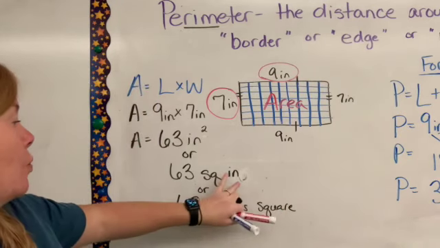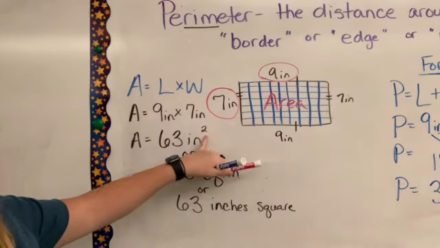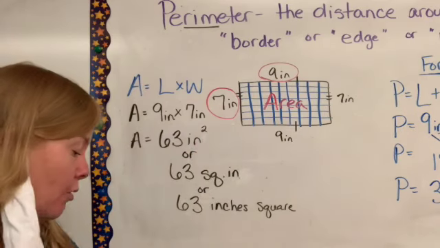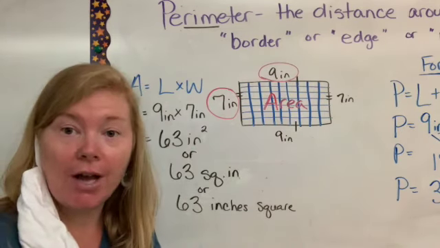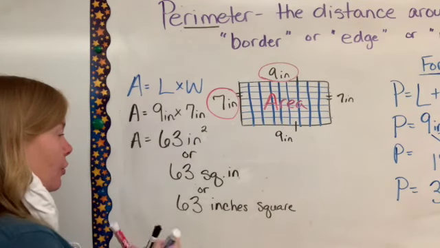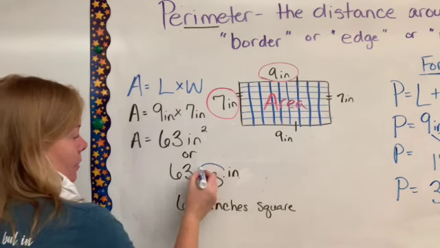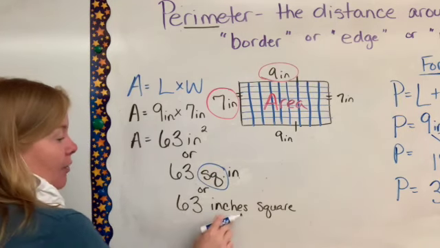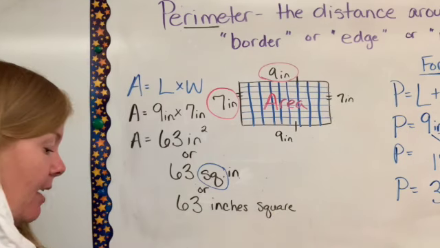So however you want to write it, I always choose to write it with the little 2, but if you're completing your work on Google Docs or on Google Slides, you can't do that. So you're going to have to remember to include square and then inches, or write it out, 63 inches square. It's completely up to you.